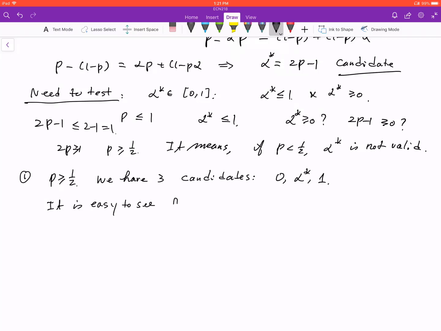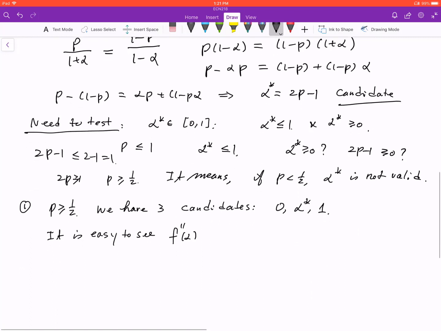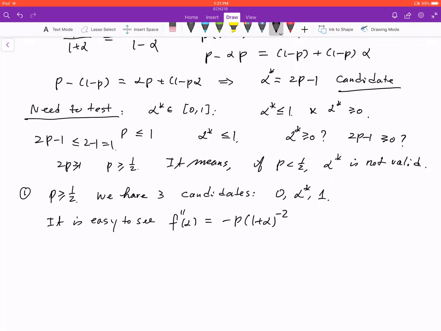We can find f double derivative of alpha. We always do this. If you look back, if we do the double derivative, then this is what we have. We have negative p (1 plus alpha) to the negative 2. And do the second derivative very carefully because of the chain rule. We will have negative (1 minus p), and again, we will have negative (1 minus alpha) to the negative 2 and another negative 1.